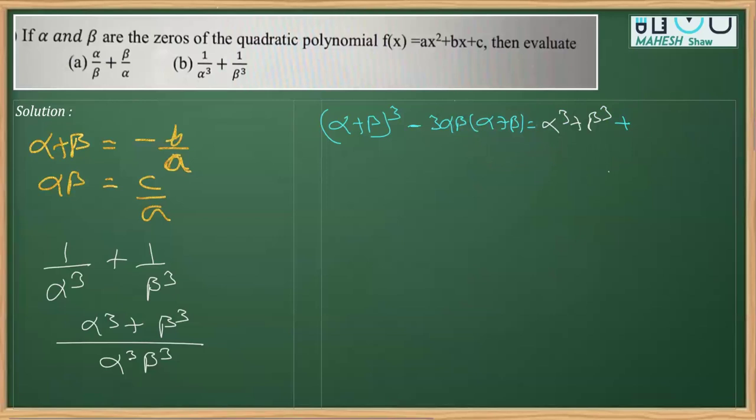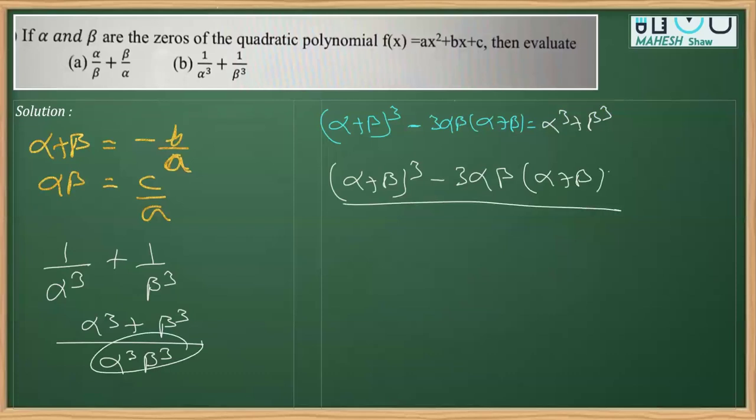So alpha cube plus beta cube can be replaced with alpha plus beta whole cube minus 3 times alpha beta times alpha plus beta, divided by alpha beta whole cube.